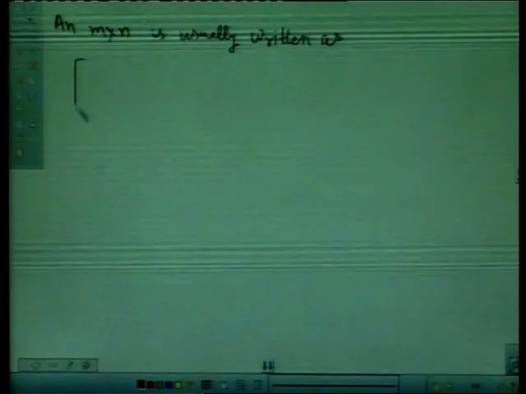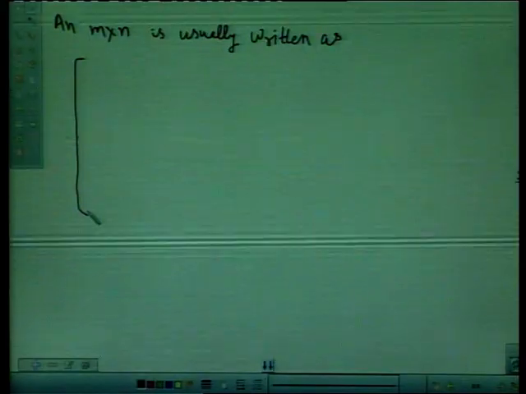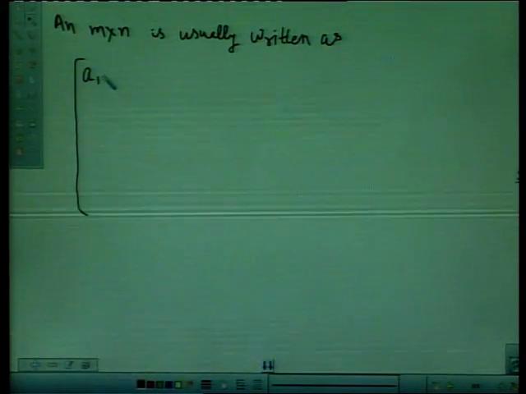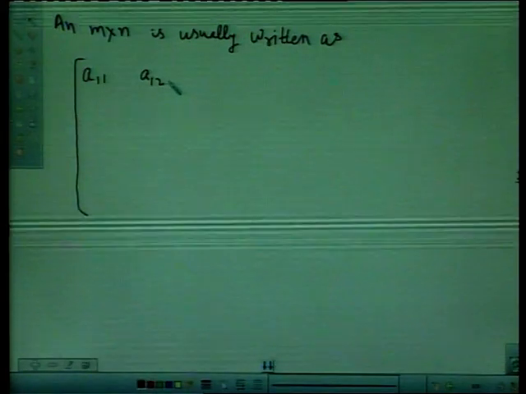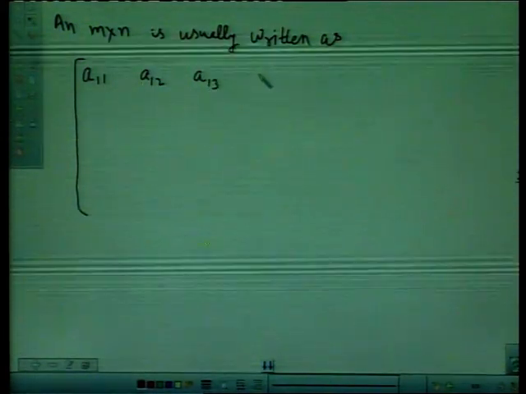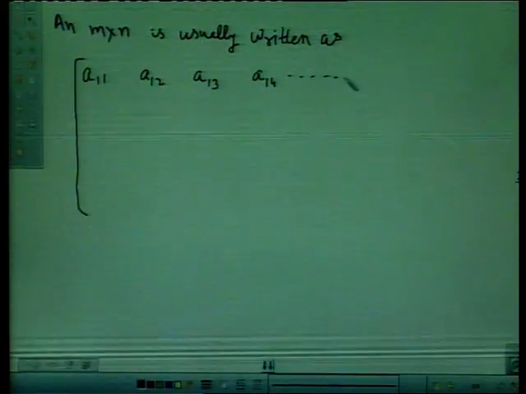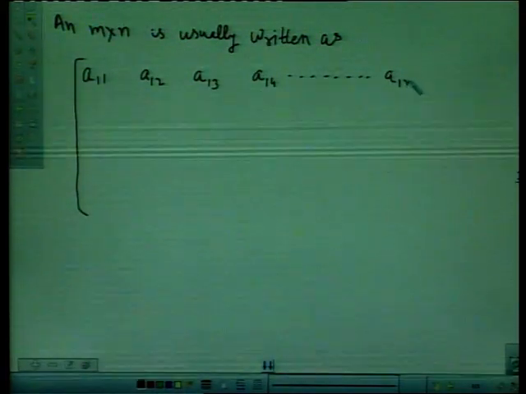Now an m cross n matrix is usually written as follows. There are m rows: the first row is a11 a12 a13 a14 up to a1n.